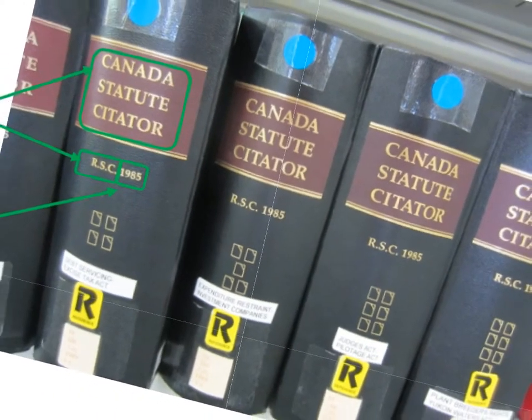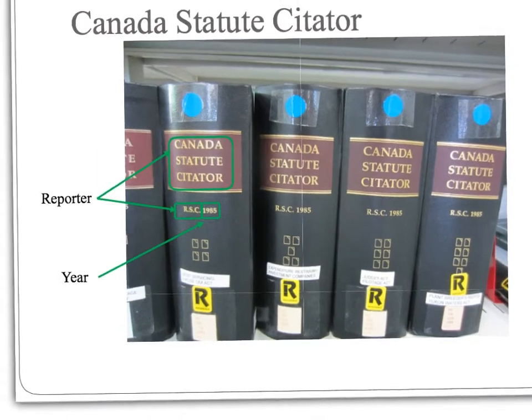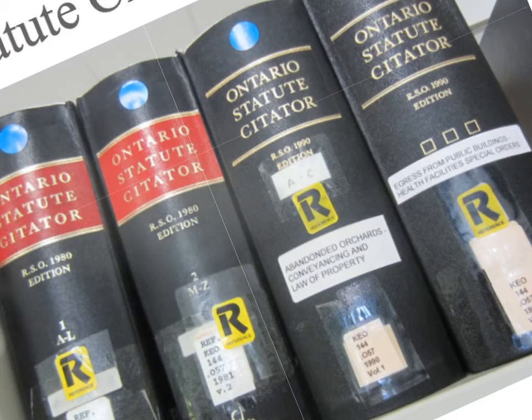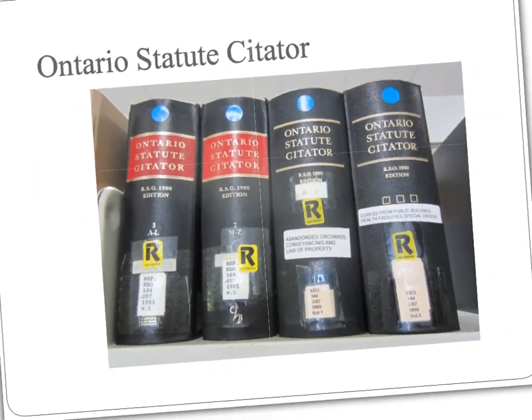What do the citators look like? Here's an example of the Canada Statute Citator. We have the name of the reporter. We have the abbreviation that is from the Revised Statutes of Canada, 1985. Here we have the Ontario Statute Citators.